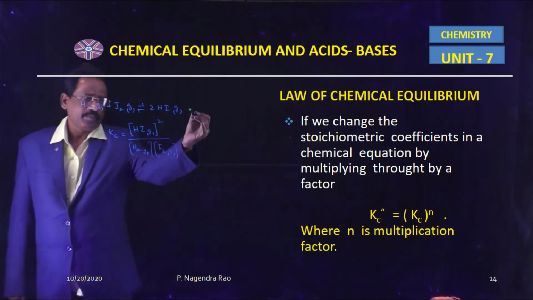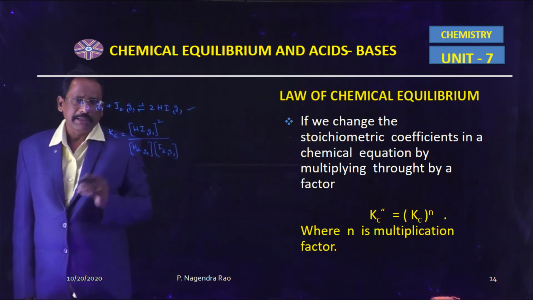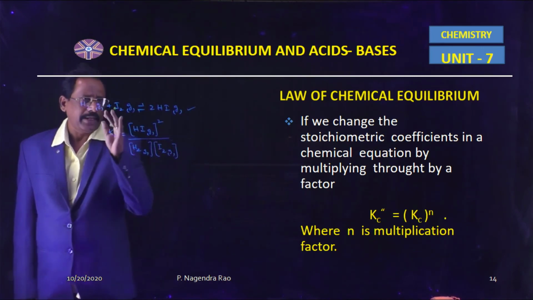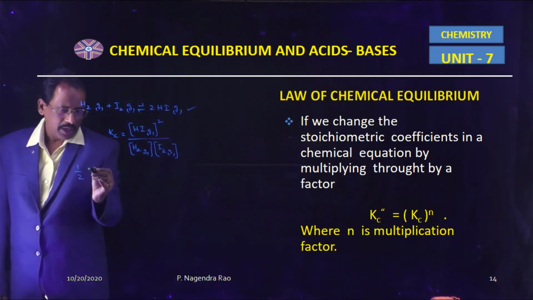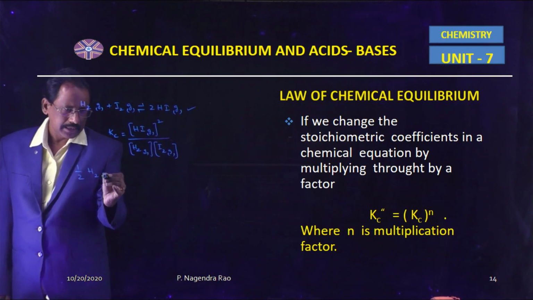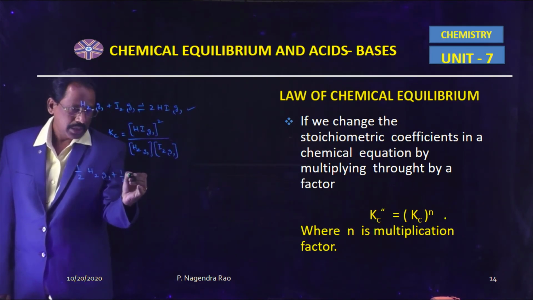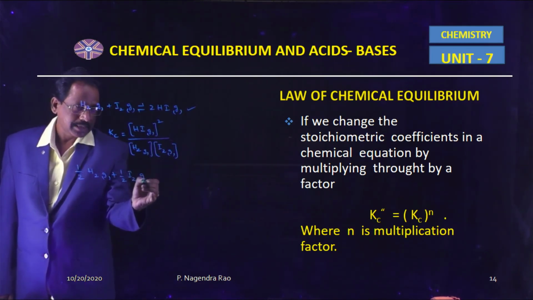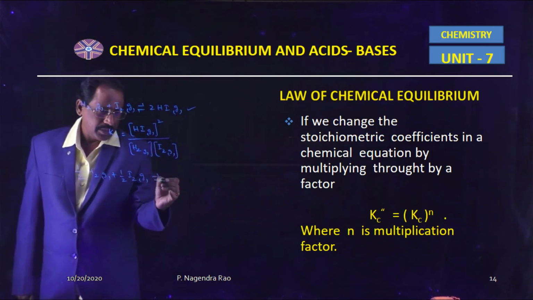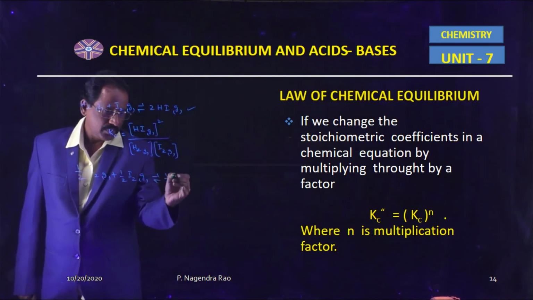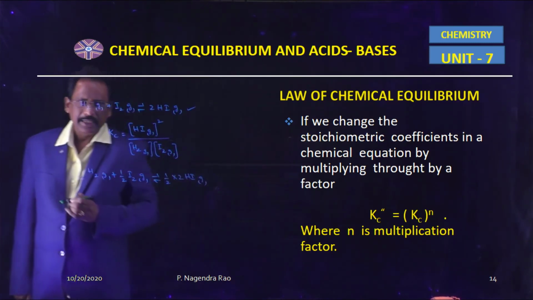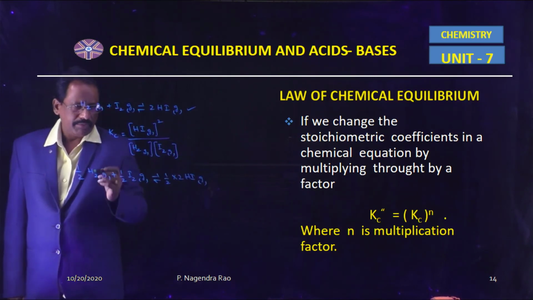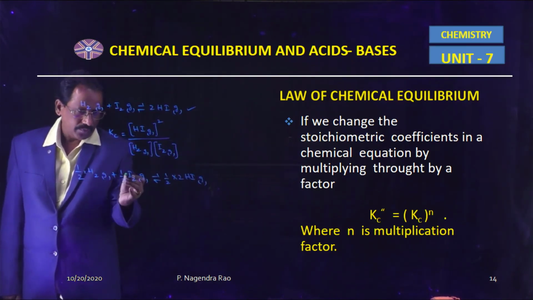If this original equation is multiplied with a suitable factor, for example 1 by 2, we get half H2 gas plus half I2 gas in dynamic equilibrium with half into 2 HI gas. Here the multiplication factor is 1 by 2.